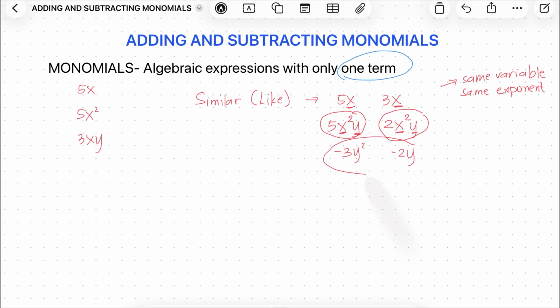Are these two expressions similar? No, they are not similar. They have the same variable, yes, but the variable has a different exponent, so we don't consider them similar. So I repeat: when you say similar monomials, they have the same variable, and those variables have the same exponent.